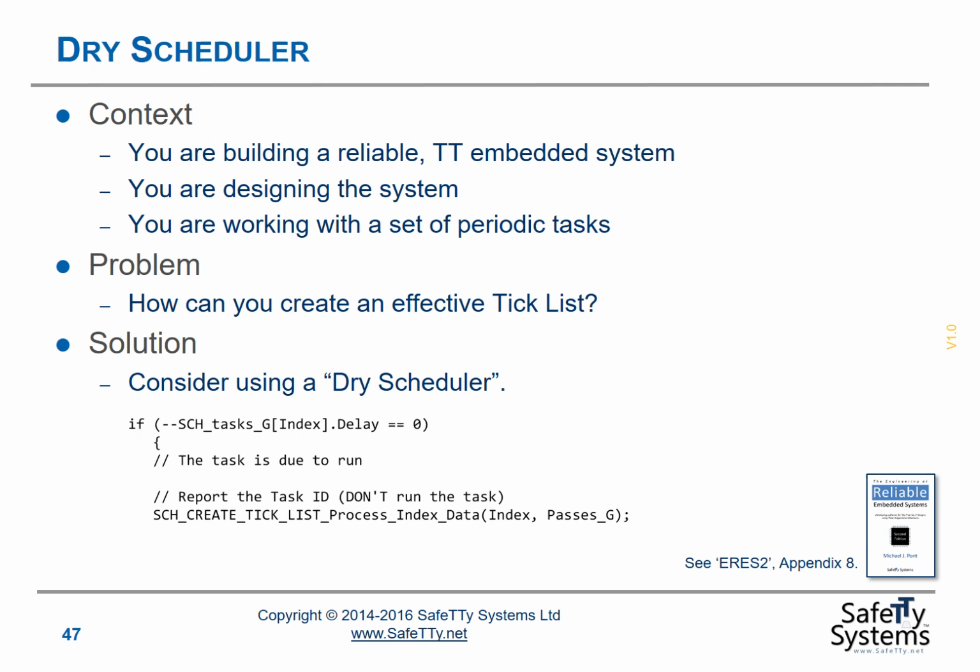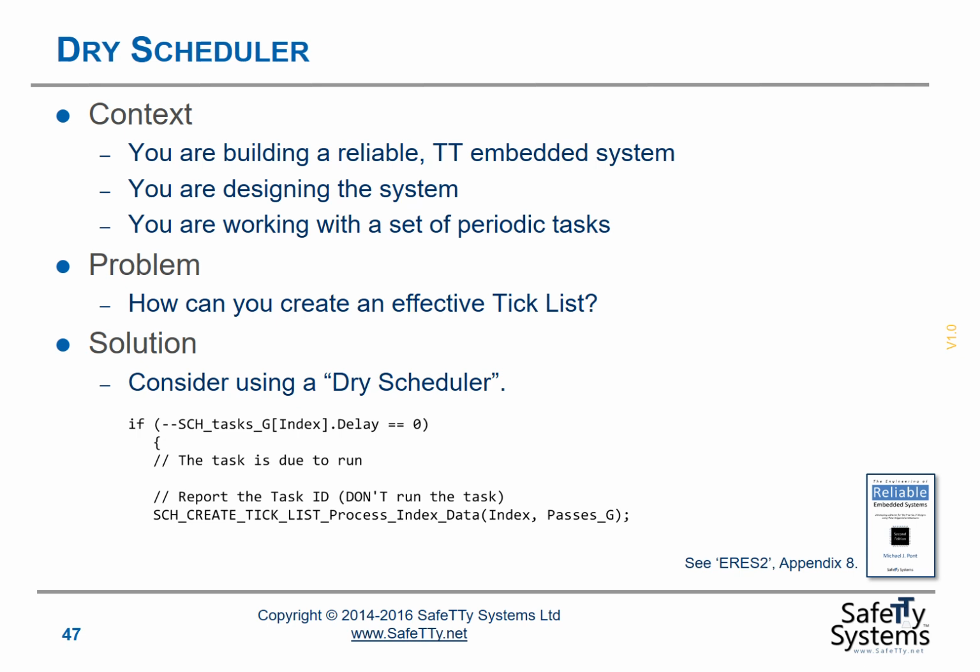We can use a similar approach called a dry scheduler to generate the tick list for our system. If you have a look at ERS2 Appendix 8, you'll find further information about this. But essentially what we do here is we run the scheduler.